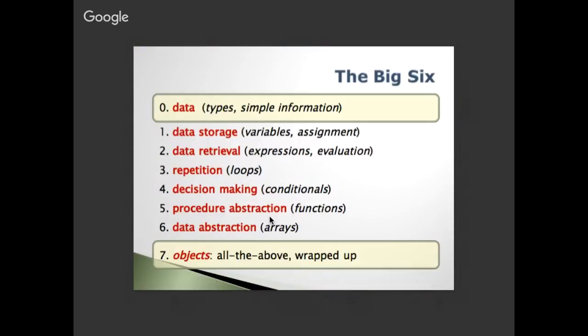So there are 6 big things in JavaScript that we're going to go over this semester. Data is 0. All of you have done programming, so it's like the different types, like a string, an integer, a float, things like that. Simple information. Data storage, variable, and an assignment.